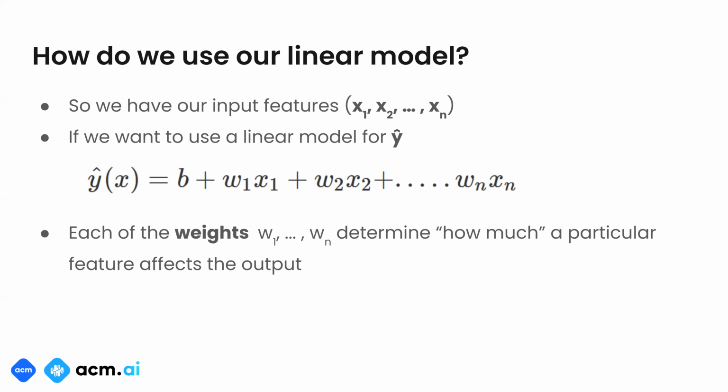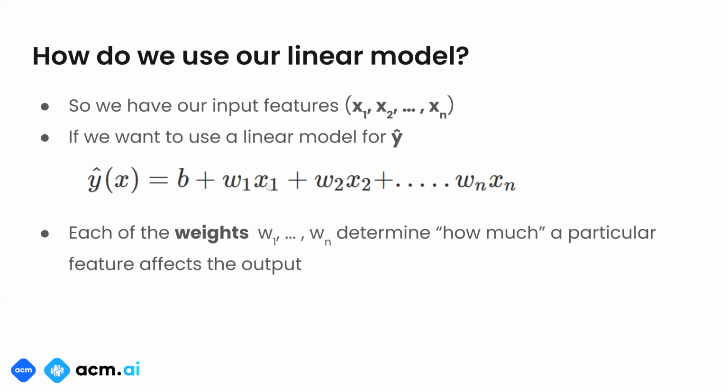So let's suppose we look at only the first two terms right here. Y hat of x is equal to b plus w1 x1. Let's forget about all this other stuff, right? If we just look at this, we have the equation of a straight line in 2 dimensions. What do we have? We have 2 parameters: the bias, and some weight.